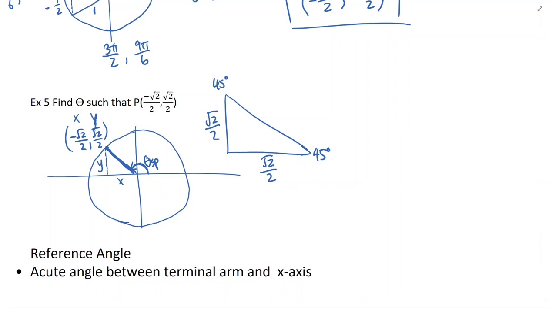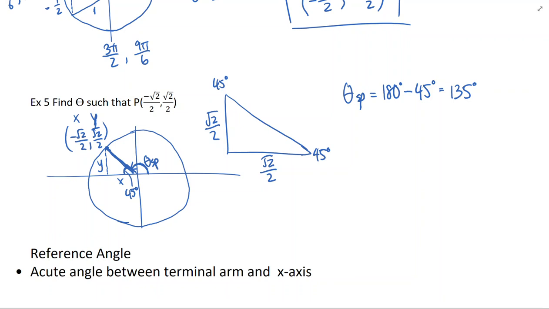And we do know this angle right here must be 45, just from our knowledge of this triangle. So standard position will just be 180 minus 45, which will be 135.